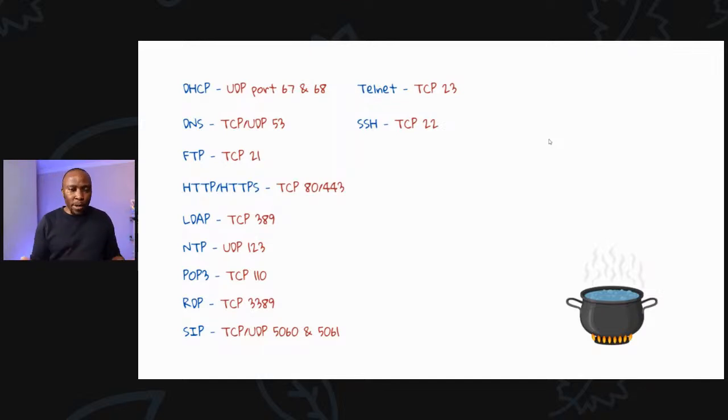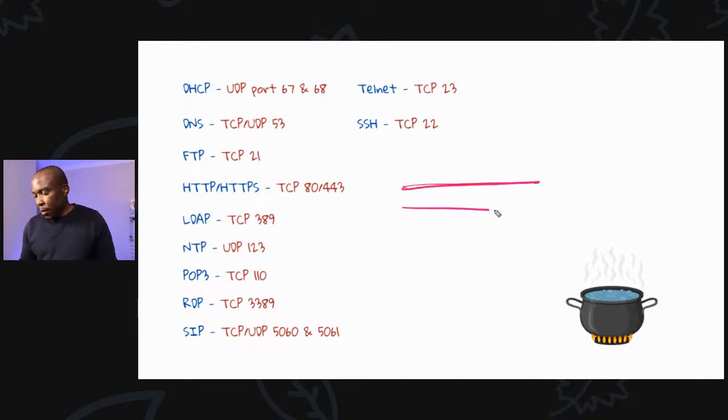So what is a port number? A port number is just basically an identifier that identifies traffic as it's flowing through the network. So the challenge that we have on a network is that you've got a pipe, right? So this is your network cable, and these are packets that are flowing through, going to their destination.